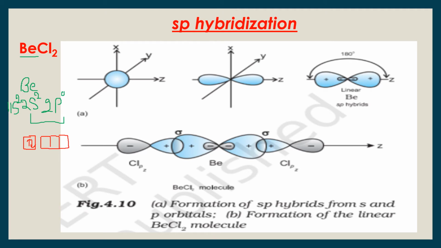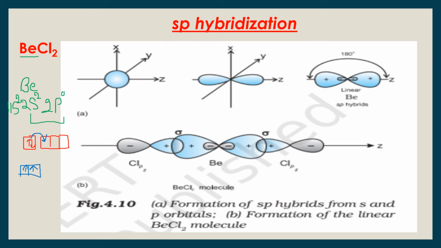Once the hybridization takes place, the promotion takes place, then what will happen? I'll show you with a different color. That electron which is present in 2s, one of the electrons will get unpaired and shifted here, because beryllium makes 2 bonds. So unless these electrons get unpaired, they cannot bond. The 1s and 1p orbital have hybridized, and now they are sharing 1 electron each with Cl on both sides.